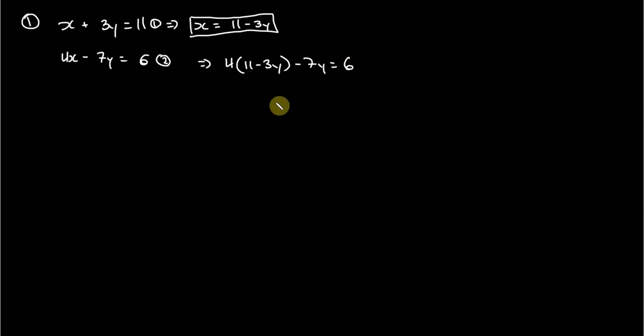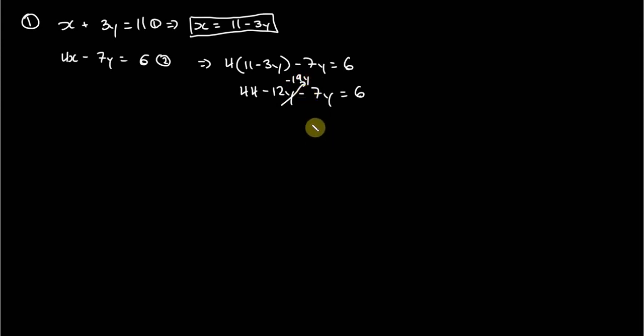And so by doing this we can find the value for y. So 4 times 11 is 44. 4 times negative 3 is going to be negative 12. So 44 minus 12y minus 7y equals 6. Minus 12y minus 7y is going to give us minus 19y.